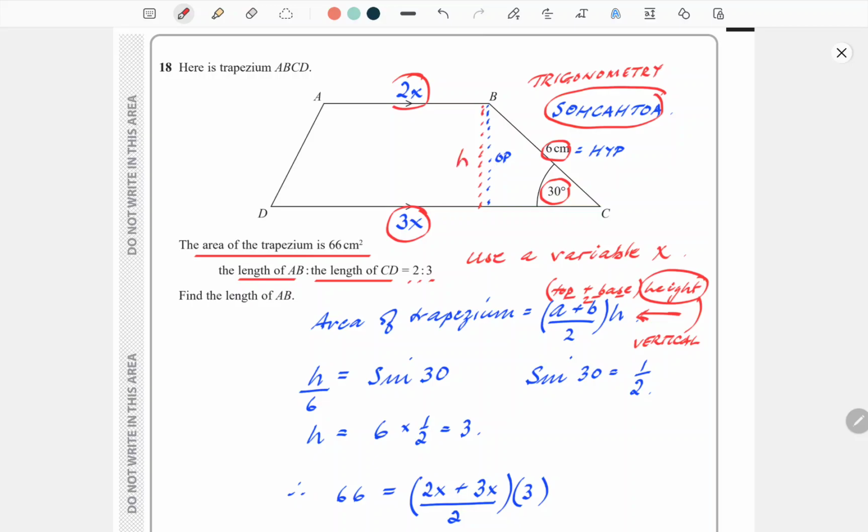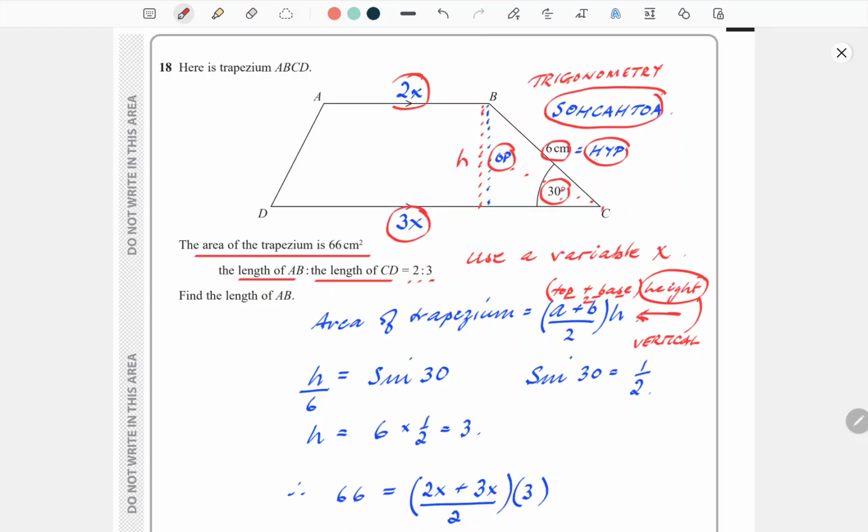This is the height there. In this particular case, you have an angle, 30, and the height represents the opposite side to the angle, and the slope, BC, is the hypotenuse.